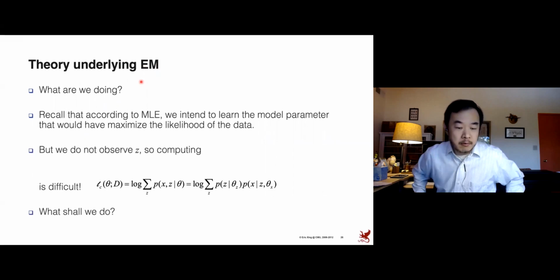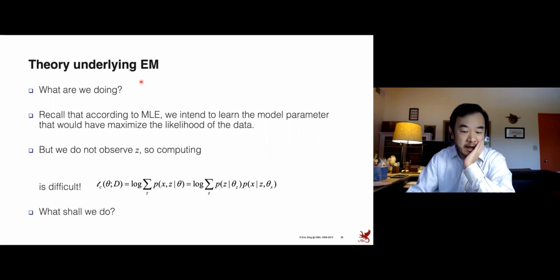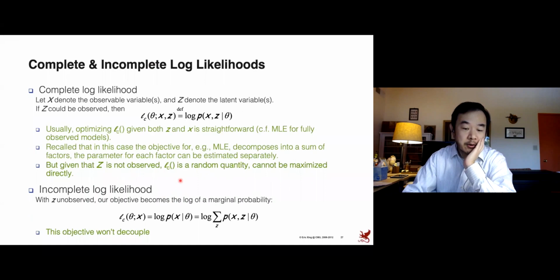Okay, right. So we say that this is difficult, then what do we do? And we also know that there is a complete likelihood and an incomplete likelihood, which is our true target to optimize. Right? So what's the relationship between this guy and that guy, and also the expectation of that guy? Right?